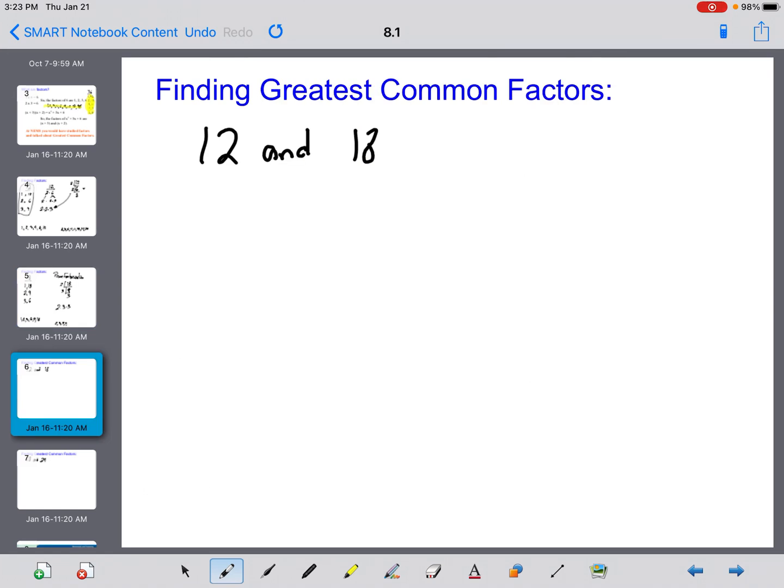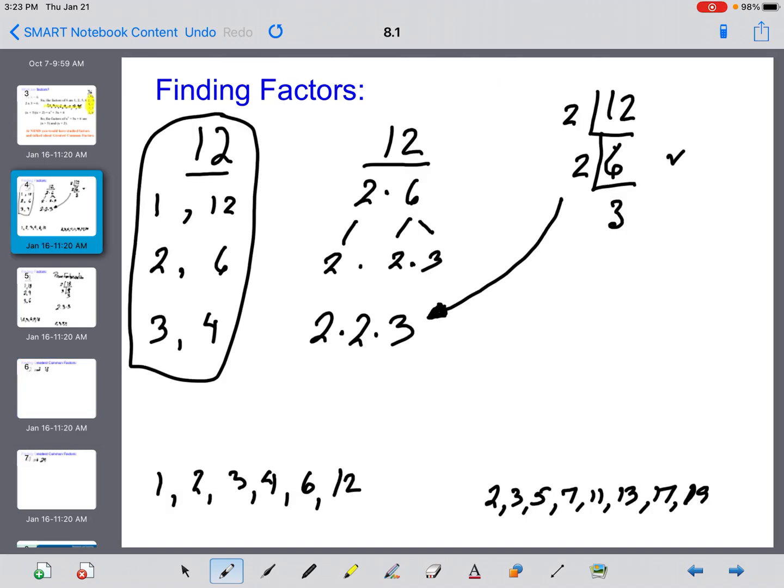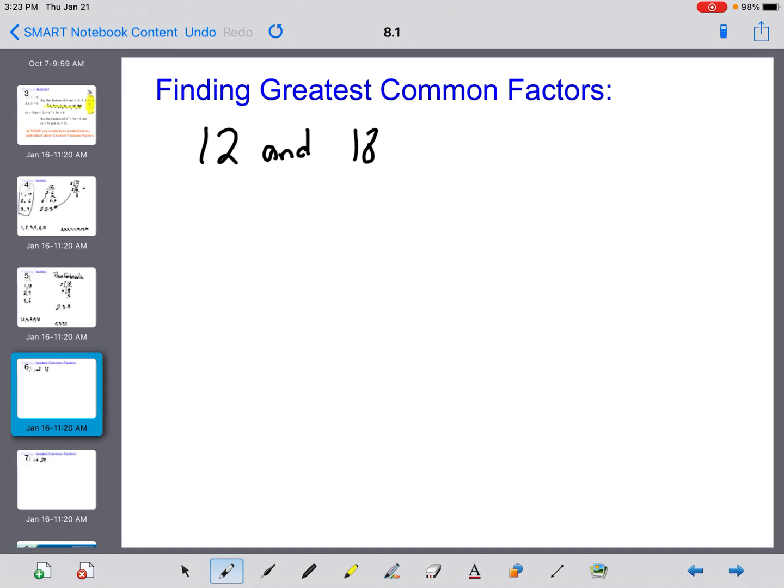Next, I'm going to ask for the greatest common factors. Let's go back to here, and we'll look at this two ways. First, I'm going to look at the pairs of factors of 12 and 18.